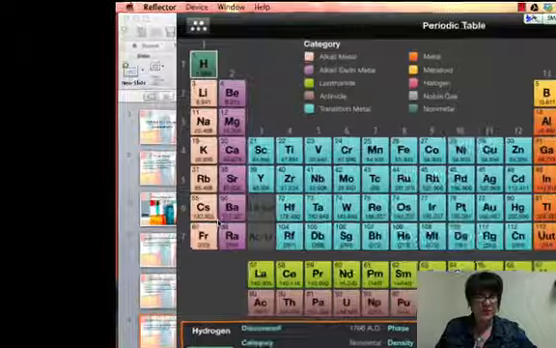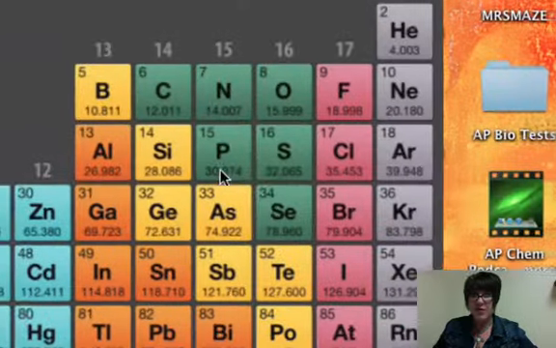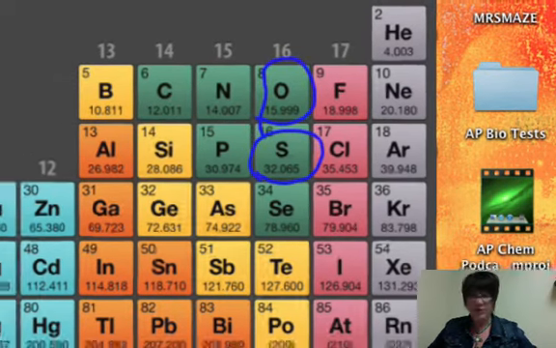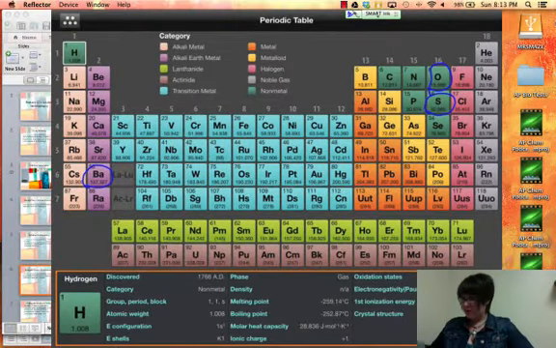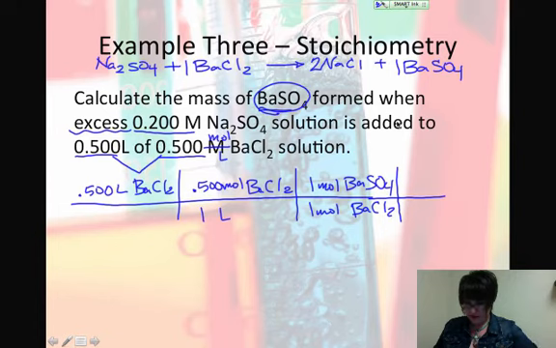So barium weighs 137.3 grams per mole, and sulfur is 32.1-ish. And then oxygen, of course, is 16. You guys probably have that one memorized. Okay, check my math, as always, because I can make mistakes. I got 233.39 grams for every mole of barium sulfate.